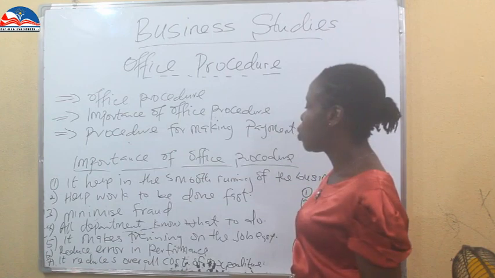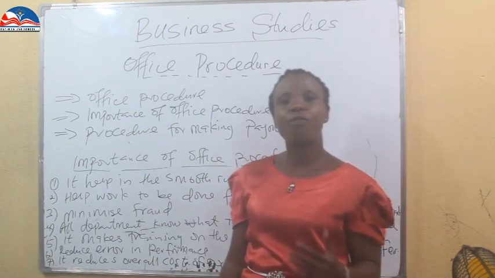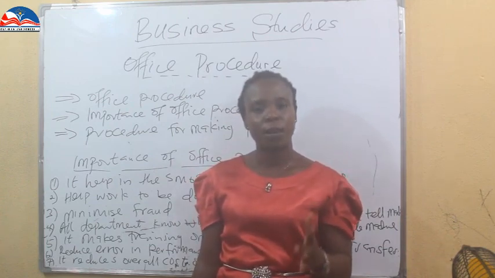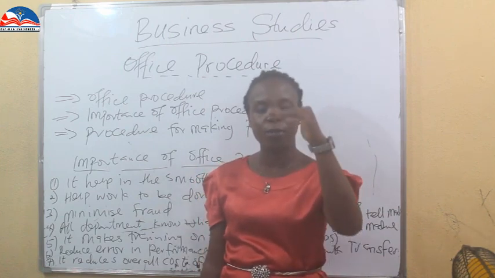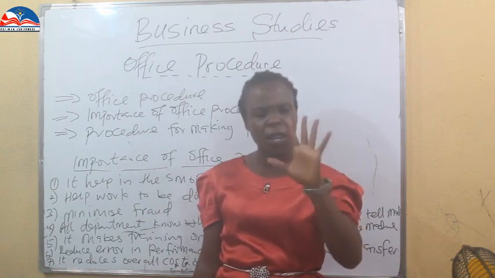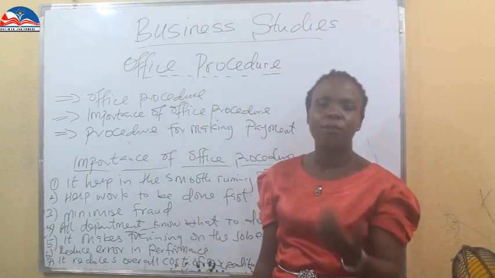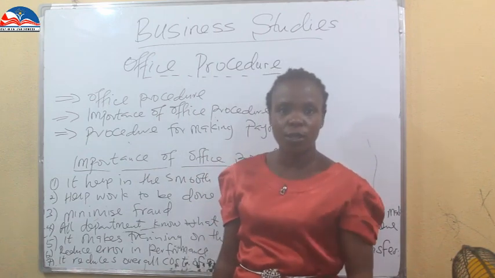Then, number 6, it reduces error in performance. If I give you the procedure of carrying out a job and tell you step by step how to do the job, step 1, step 2, step 3, step 4, step 5, till the finishing point, it's easier for you not to make errors than for you to be doing trial and error. You do step 1 and you run down to step 5.